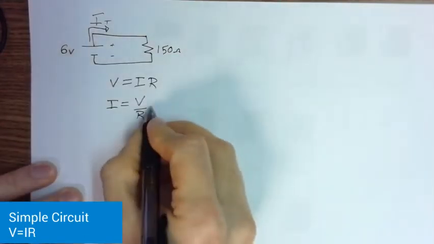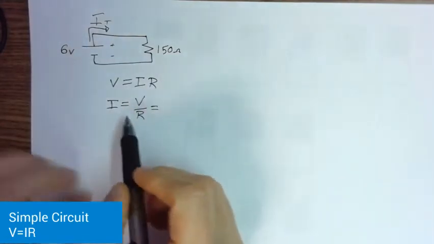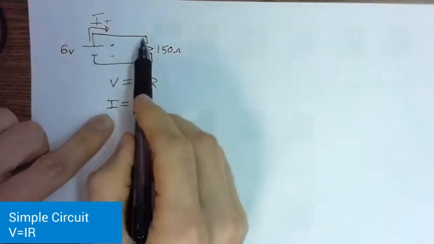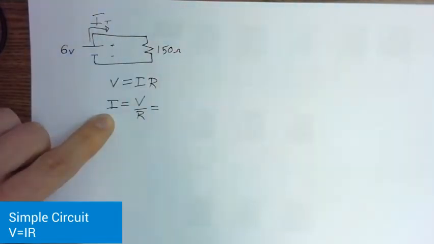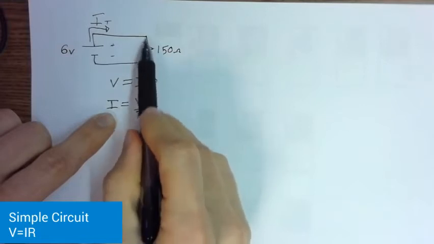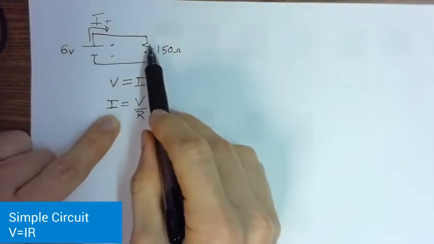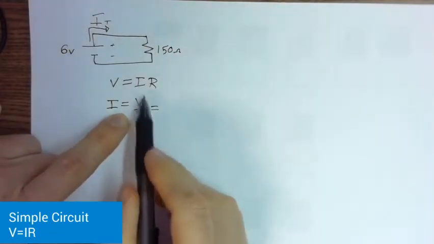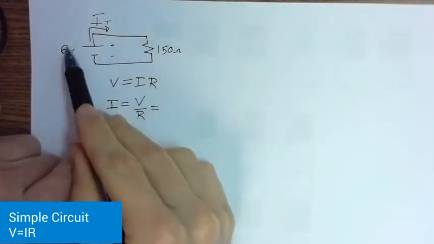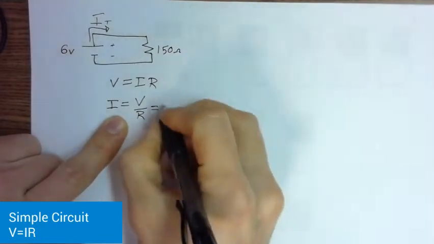Then just plug in our numbers, so the voltage that is dropped. And when we're solving for this, we're solving for the whole current, but also this is the current that's going through that component. So when we plug in numbers to the equations, it has to be for a specific component. So the voltage that is dropped over this component is 6 volts, because there's only one component in it.